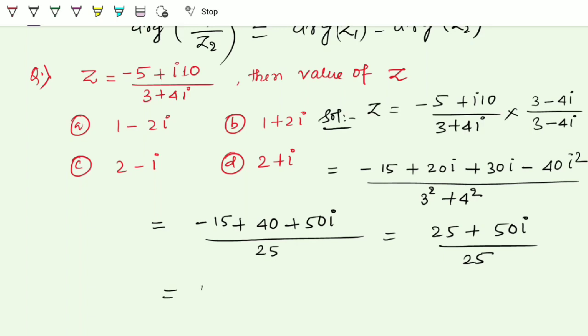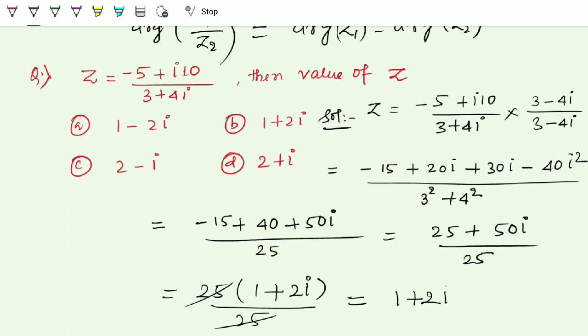On taking 25 as common, we'll be left with 1 plus 2 iota divided by 25. This 25 will get cancelled, so we'll be left with 1 plus 2 iota, which is the required simplified version of this z. So the correct answer will be option B. This question was asked in GATE 2018.